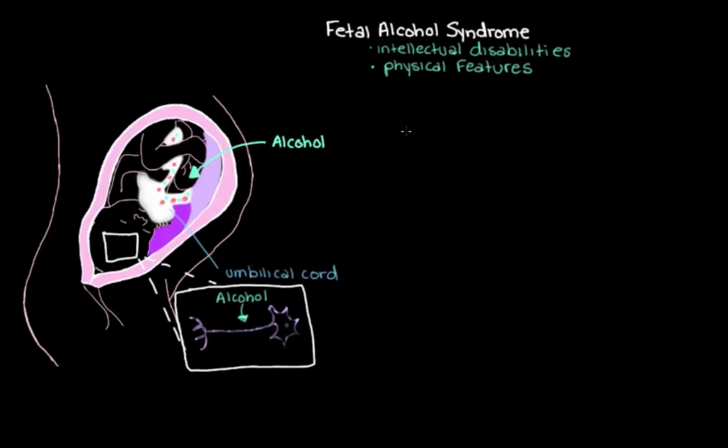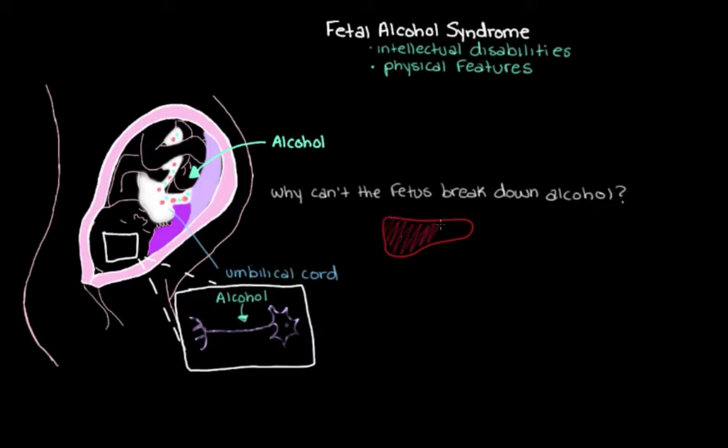Now you might be thinking, well, how come the fetus isn't able to break alcohol down like we can? Isn't that what the liver is for, to prevent alcohol toxicity, to break it down? And you're right, that is what the liver is for. But it turns out that the fetus's liver doesn't actually have those enzymes yet, the enzymes that we need to break down alcohol. Those come later in life.